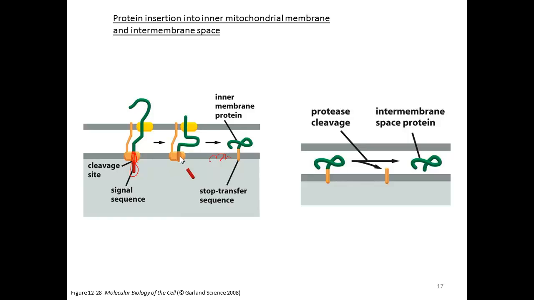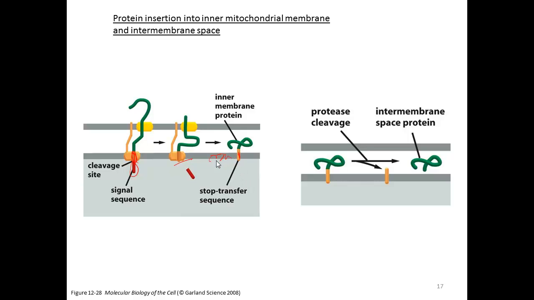As soon as this occurs, it's going to pause in the importation. The protease will cleave off the signaling sequence, and now this portion of the protein is embedded in the membrane, and there it will stay.